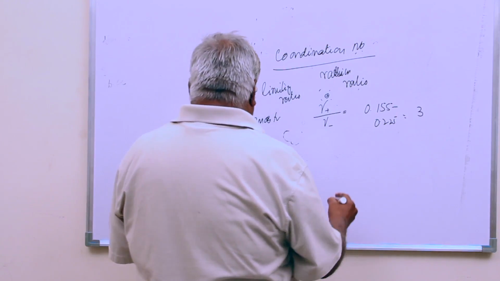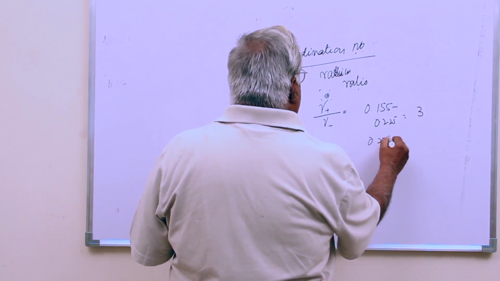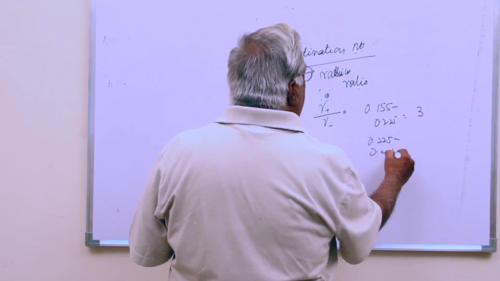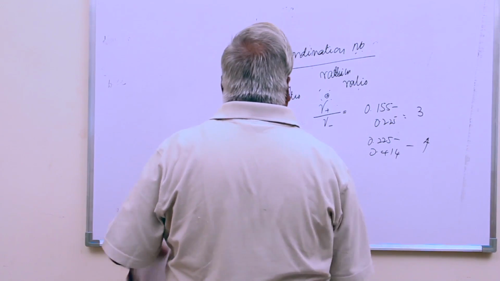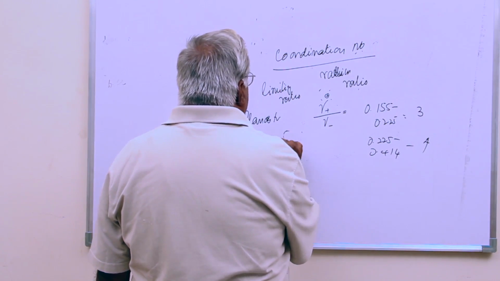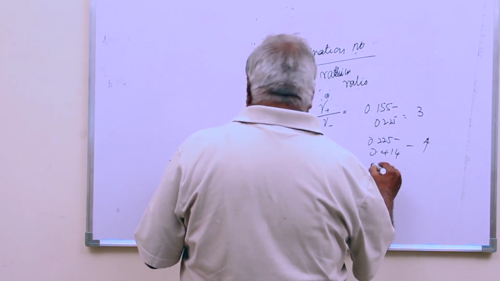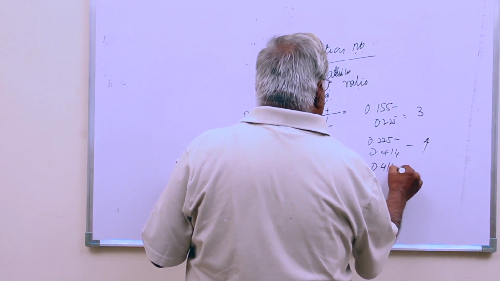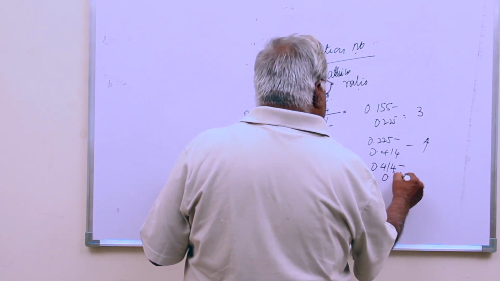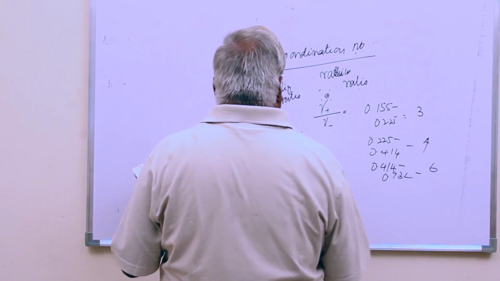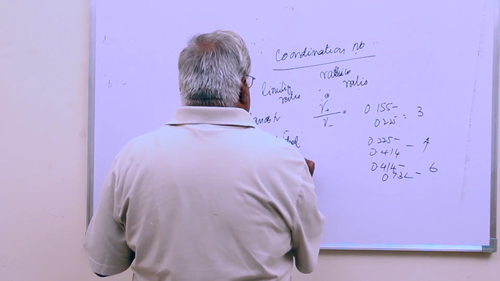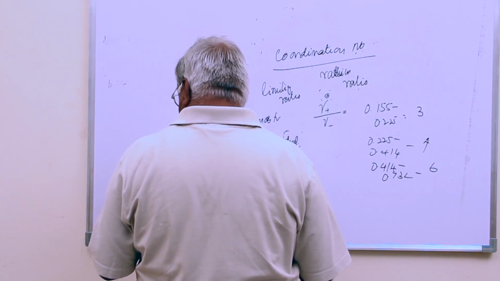Similarly, if the value is between 0.225 and 0.414, the coordination number is 4 and the geometry is tetrahedral. If it is between 0.414 and 0.732, the coordination number is 6 and the geometry is octahedral.